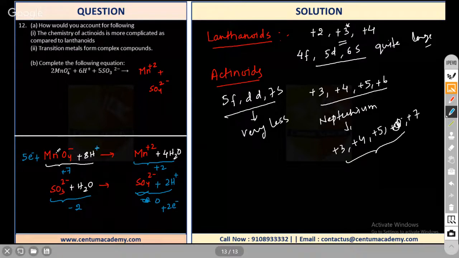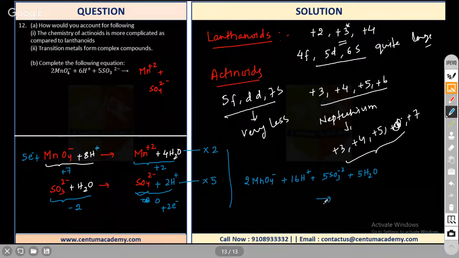When you add these two, this equation I'll multiply by 2, this equation I'll multiply by 5, so that the electrons get cancelled. When you multiply this equation by 2, on the left hand side you will get 2MnO4 minus plus 16H plus, and 5 into this, 5SO3 2 minus plus 5H2O.